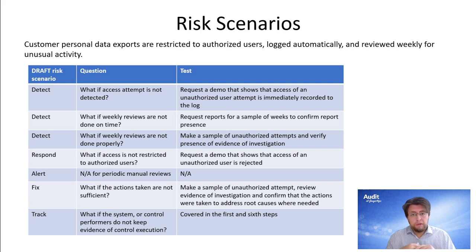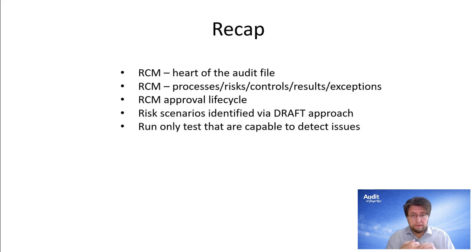So that's everything about the risk scenarios identification and developing a scope for the testing. Just a quick recap. So what we covered today? The RCM. The RCM is the heart of the audit file. It contains processes, risks, controls. It contains design assessments. It contains testing programs.